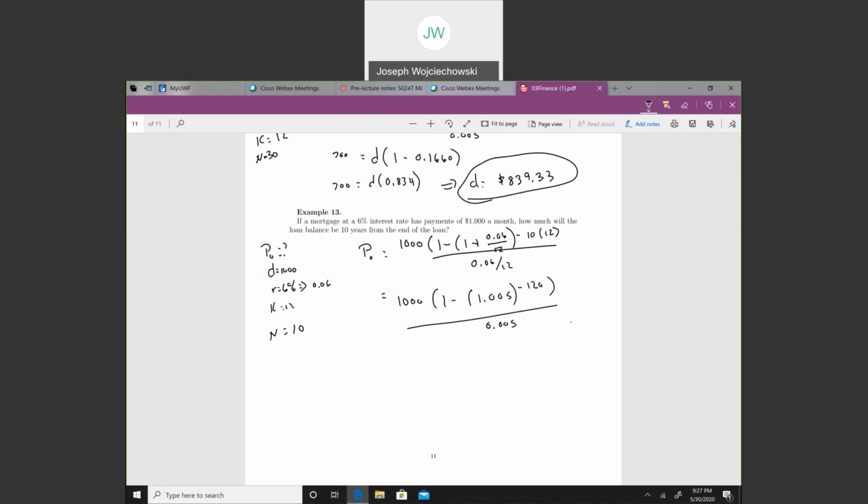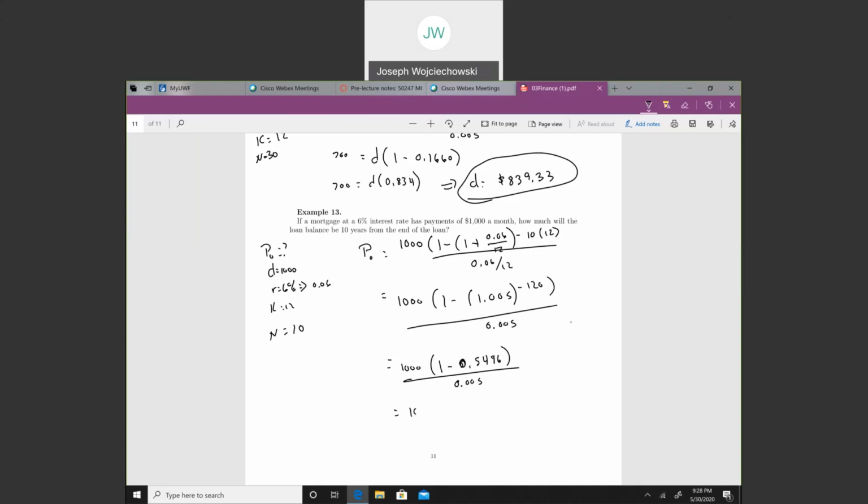So we have 1,000 times 1 minus 1.005 to the negative 120, which is 0.5496, and this is all over 0.005. 1 minus 0.5496 equals 0.4504.